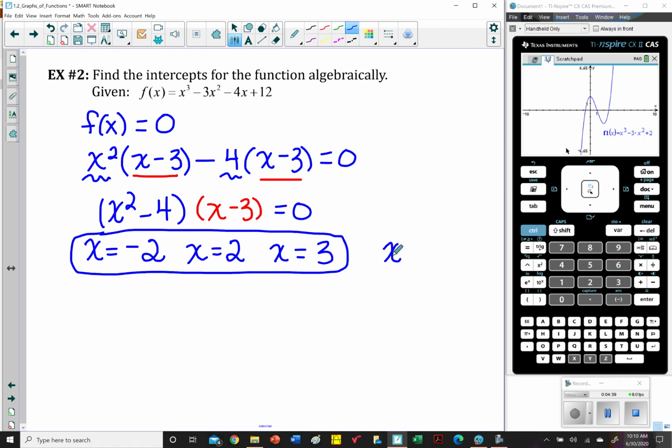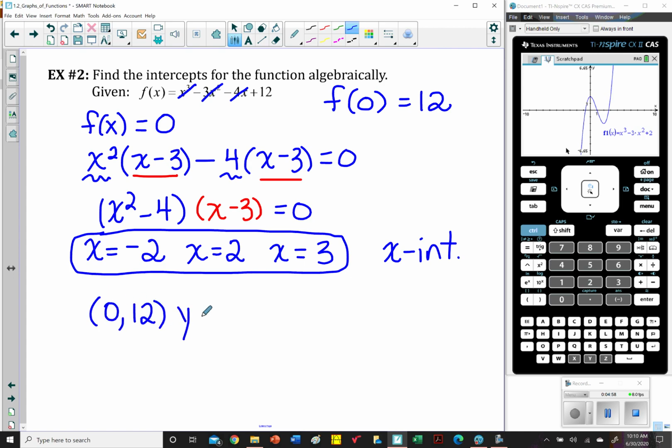Those are our x-intercepts. And then the y-intercept is just a matter of substituting 0 into the equation. If you substitute 0 everywhere, we're going to end up with 12 for our y value. So the point (0, 12) is our y-intercept. Graphically and algebraically, we can solve for intercepts.